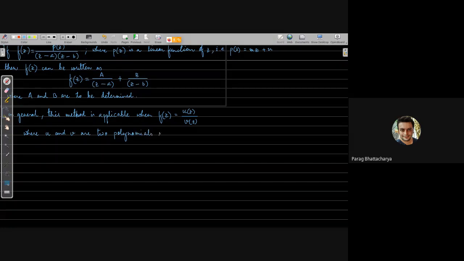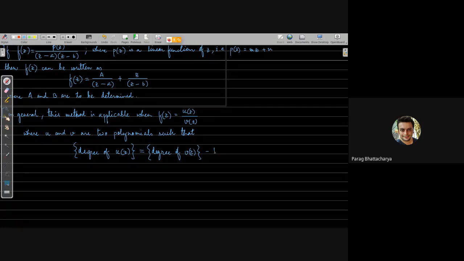such that the degree of u of z, because it's a polynomial, is less than the degree of the denominator v of z by 1.